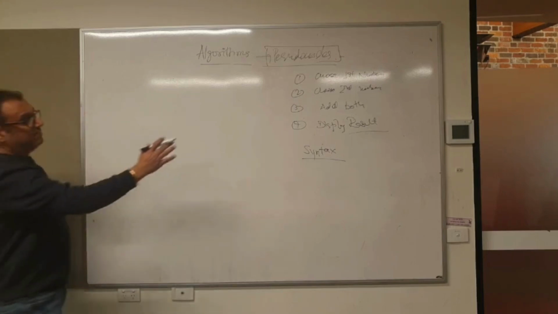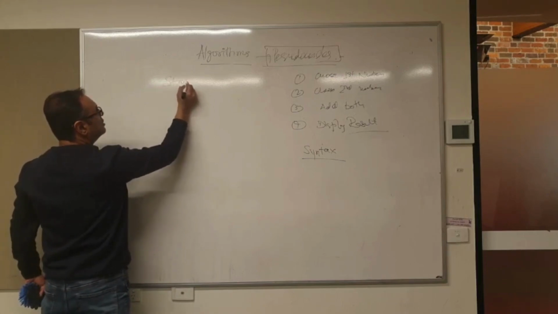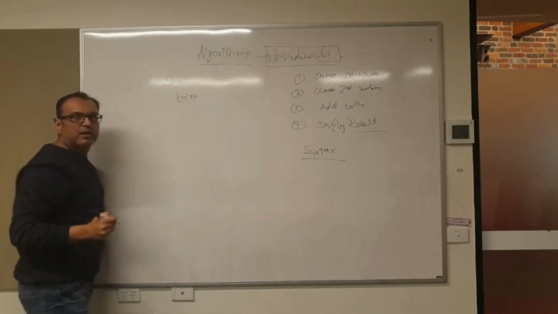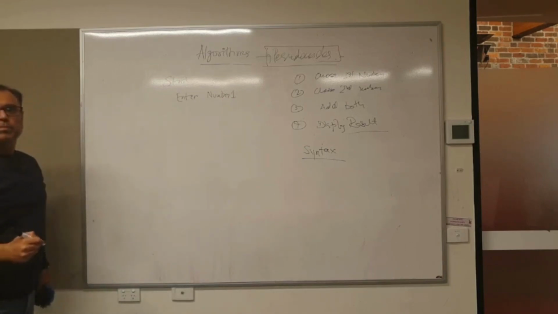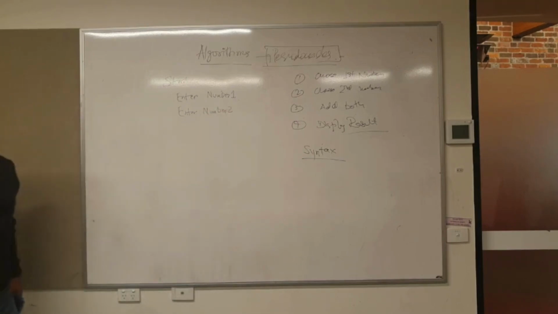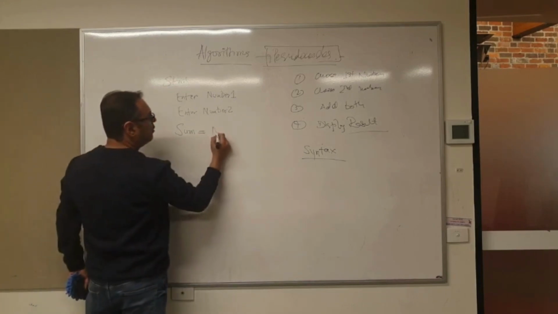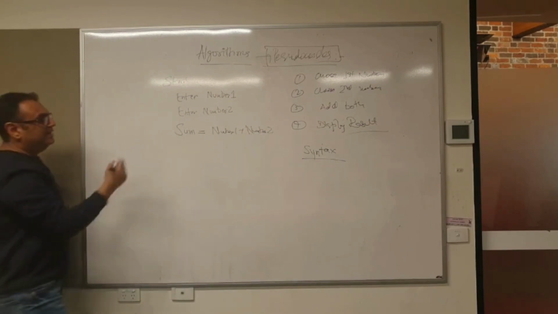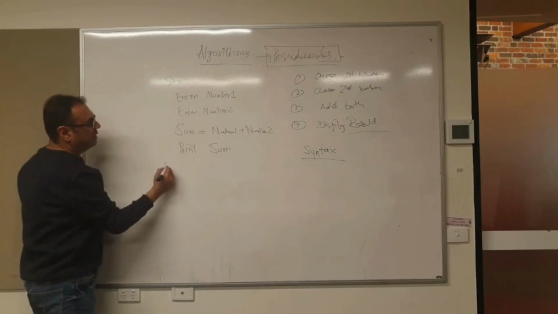So the pseudocode of this algorithm, from my perspective, would be, I say, okay, start, the beginning, and I say enter number 1, and then I say enter number 2, and then I say sum equals number 1 plus number 2, and in the end I say print sum, and I say end.